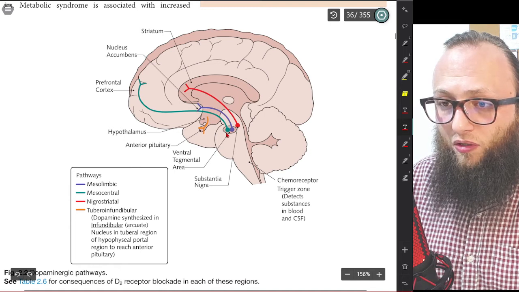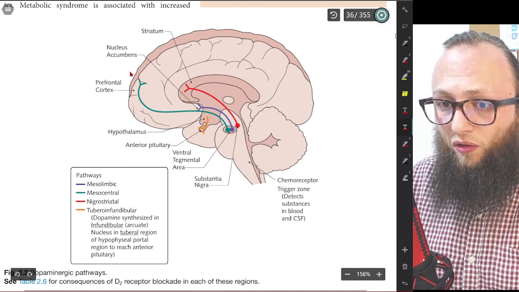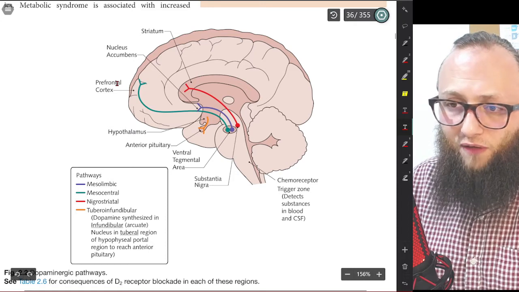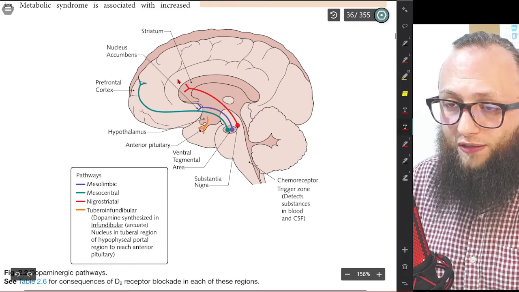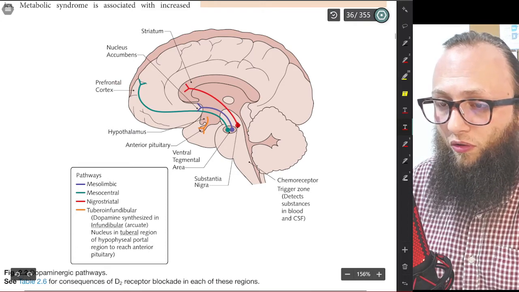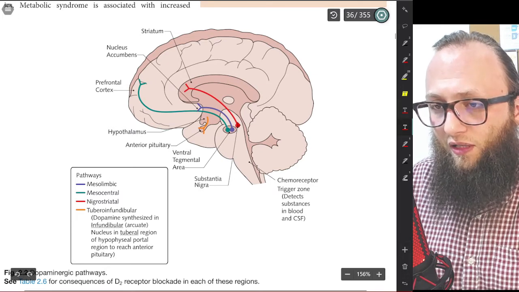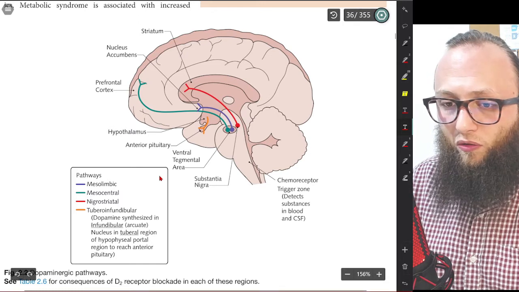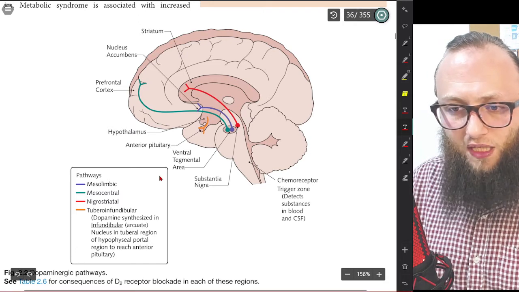But the blockage within the mesocortical pathway would increase something like negative effects. Nigrostriatal pathway would cause the motor extrapyramidal side effects and such. And the tuberoinfundibular pathway would cause hyperprolactinemia. Anyway.